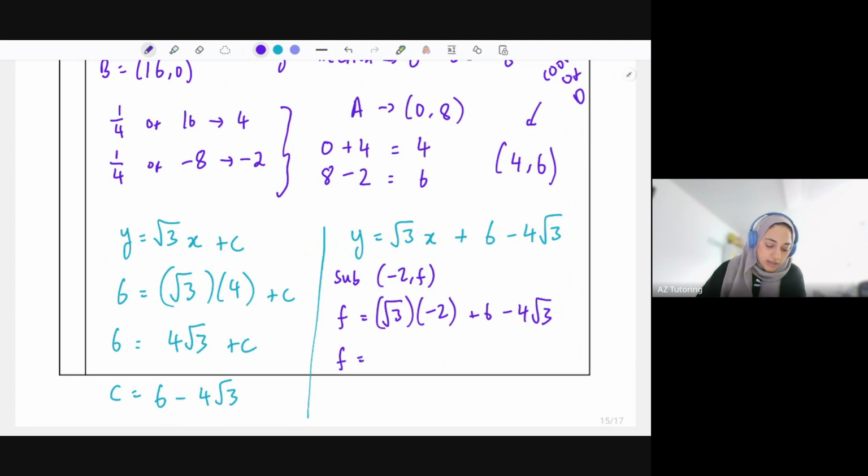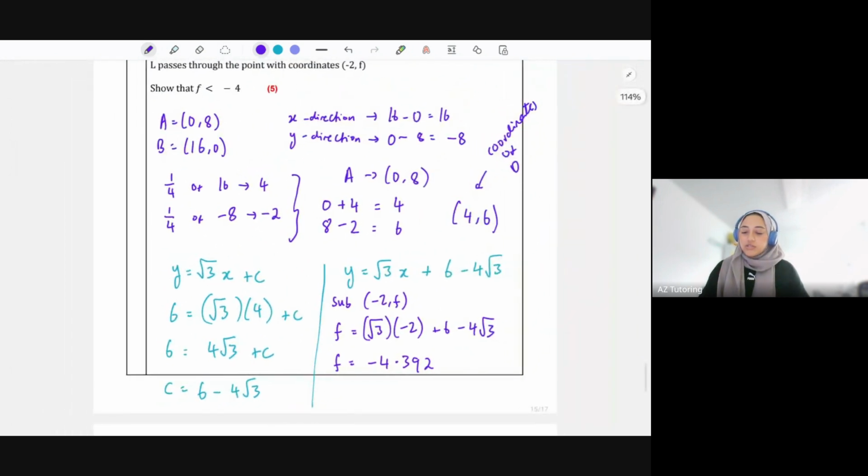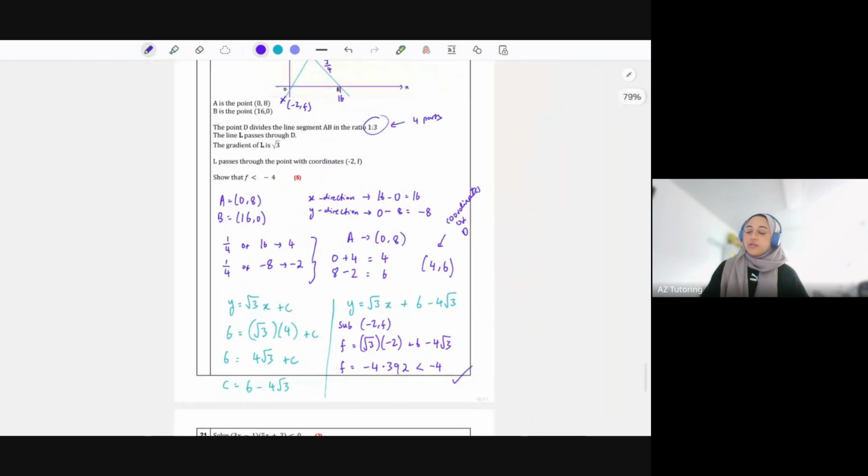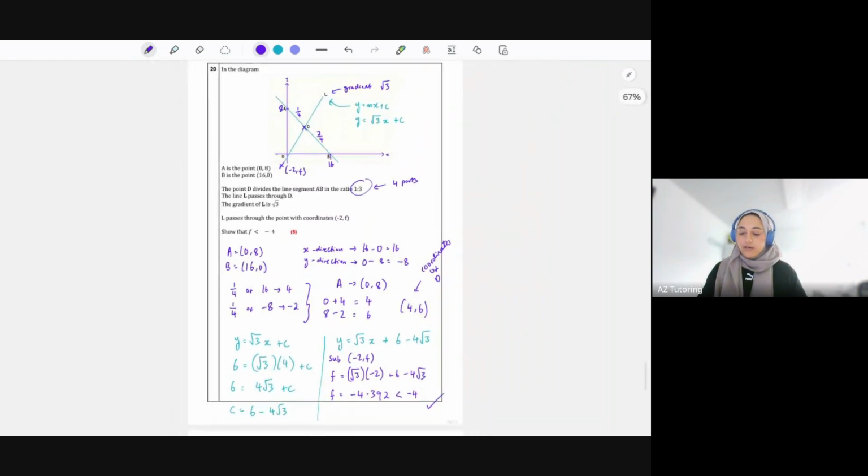Putting that all in the calculator, we get F equals minus 4.392. Now the question says show that F is less than minus 4, and it is. We've just shown that F is minus 4.392, which is less than minus 4, so we've just proved it. So that was a tricky 5-mark question, for sure. That's question 20.